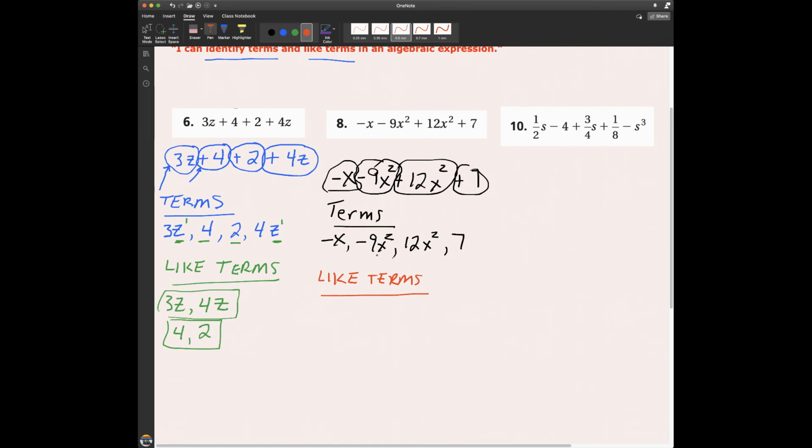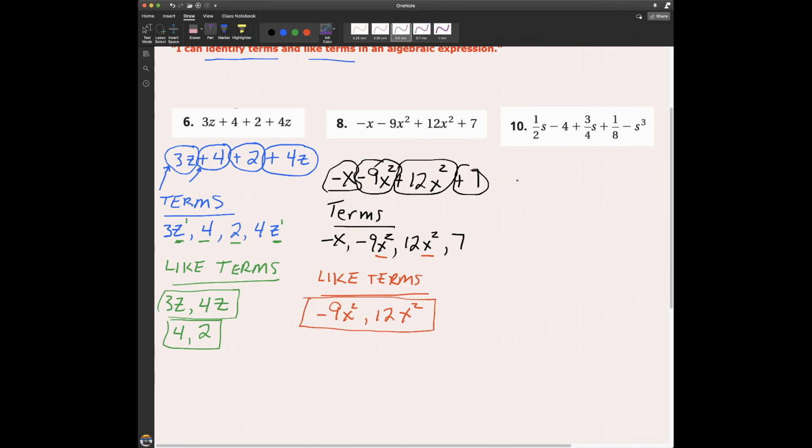There is another term that has an x squared variable, so negative 9x squared and 12x squared are like terms. 7 is a constant, it's just a number. Are there any other constants in this expression? There are not. The thing about like terms is there has to be at least two terms. This is plural, like terms. So these are the like terms in that expression.